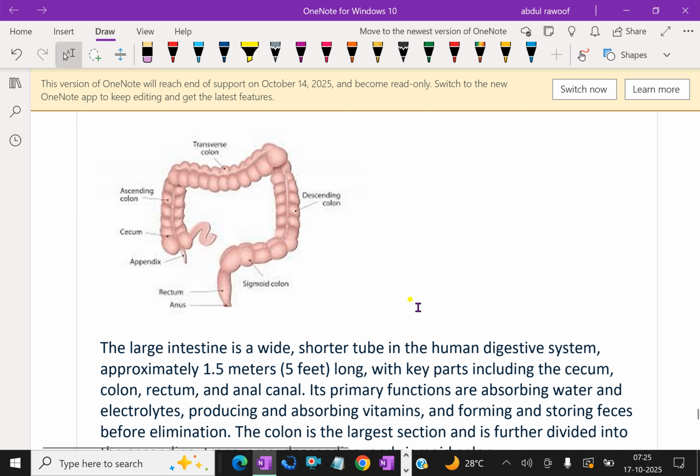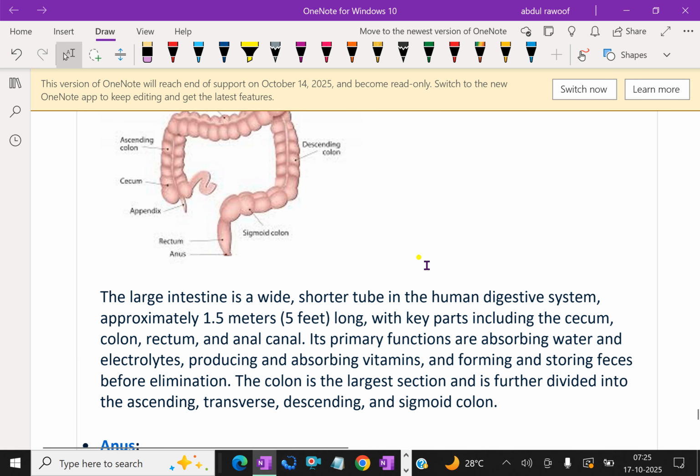Its primary functions are absorbing water and electrolytes, absorbing vitamins, and forming and storing feces before elimination. The colon is the largest section and is further divided into the ascending, transverse, descending, and sigmoid colon.